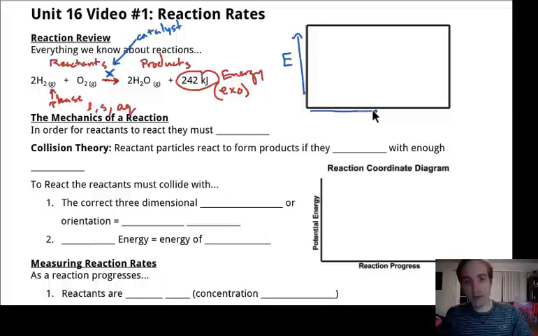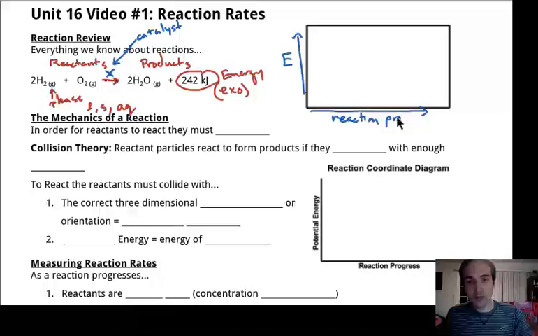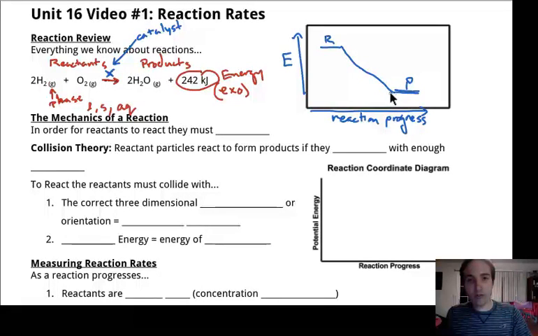and this is the reaction progress, meaning from start to finish, we know that our reactants are up here in terms of energy, and we know that our products are down here. So over the course of the reaction, the reactants combine, forming the products, but energy is lost.